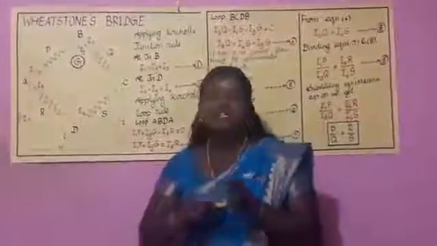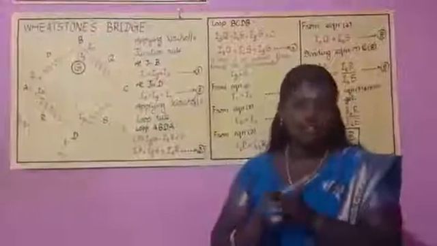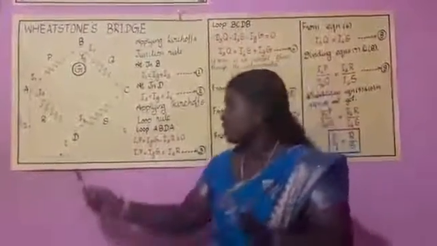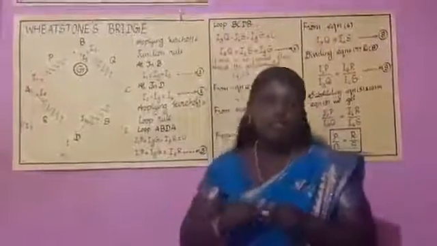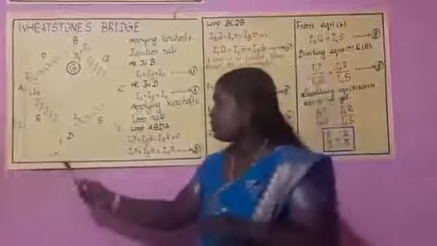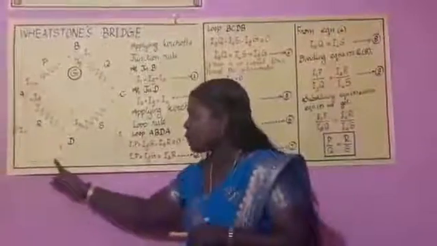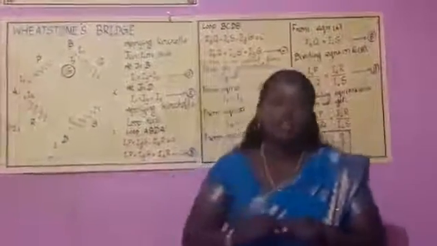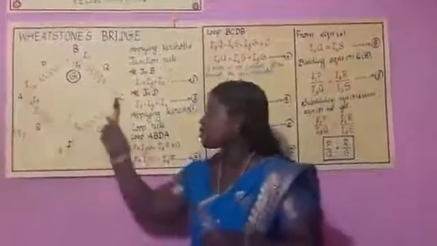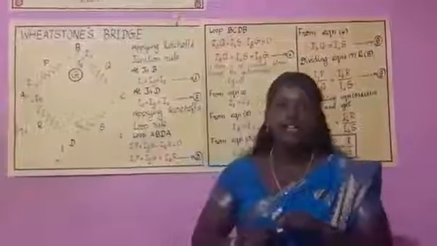Yes, it is used to convert chemical energy into electrical energy. It consists of 2 terminals, positive and negative, and a potential difference is applied between the 2 terminals of the battery. The cell is connected between the two junctions A and C.